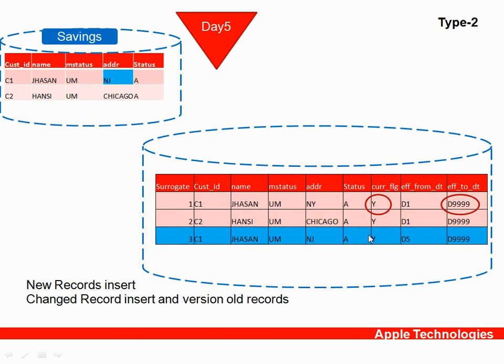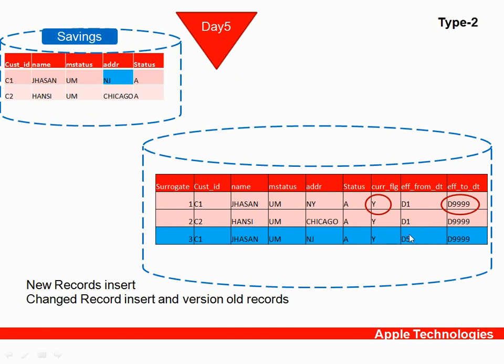When you insert, we have seen some rules. For the new record when you insert, along with it you generate a surrogate key, a new continuous number. Current flag: being this a current record, I am keeping Y. And effective from date to date: on day 5, because this request came into the bank on the 5th day.